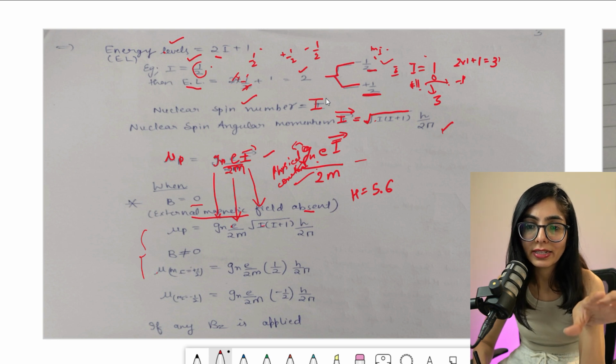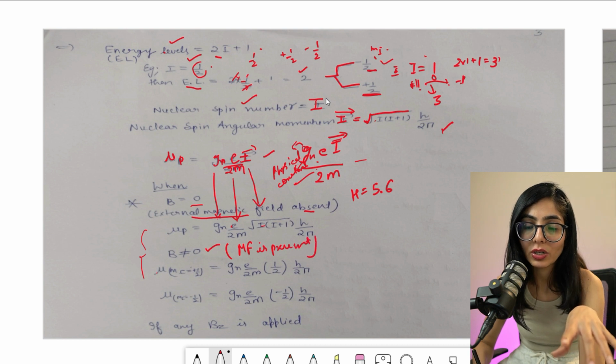But when the magnetic field is present, that means B is not equal to 0, what will happen? It will be segregated like this, and the formula will be Gn e by 2m. Instead of this, you will be writing half.